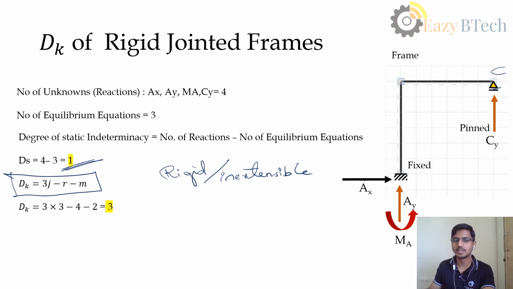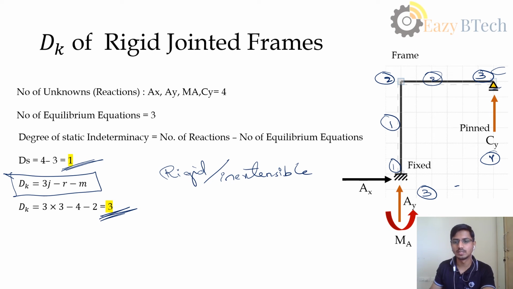The number of joints is 1, 2, 3, and the number of reactions is 3 plus 1, which is 4, and the number of members is 2. Now the degree of kinematic indeterminacy is 3.